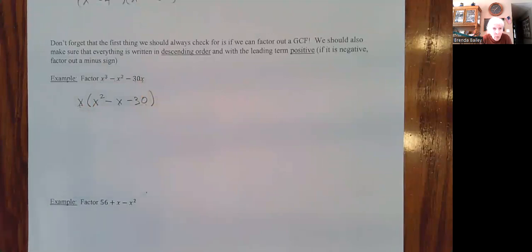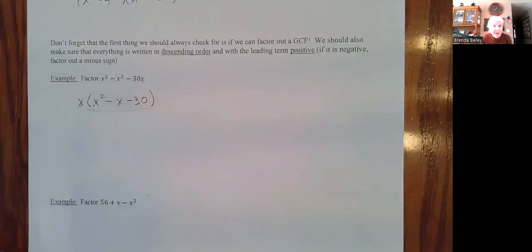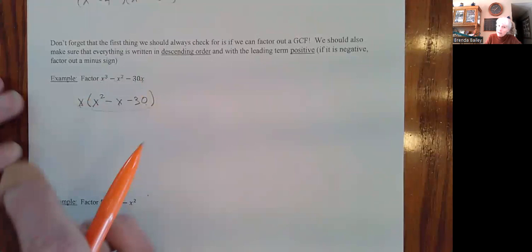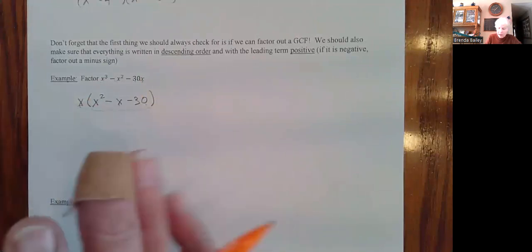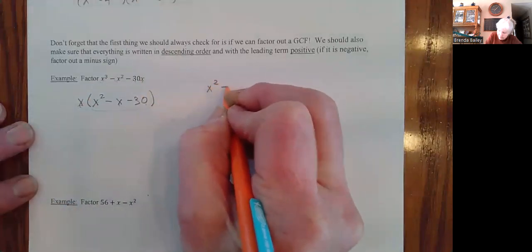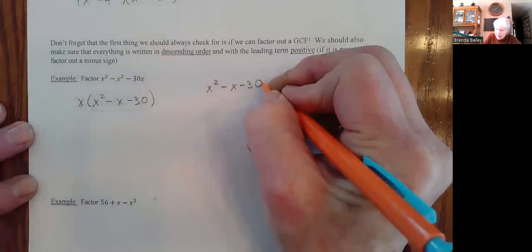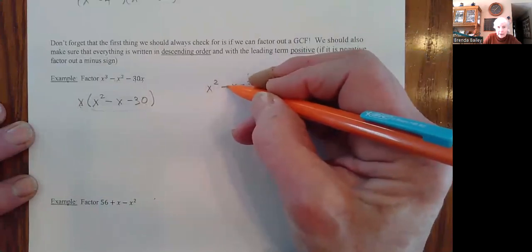Okay, so now we're going to use what's left inside. We're going to see if we can factor that. So here, we have a leading coefficient of 1. Normally I don't use the Xbox method if it has a leading coefficient of 1, but that's up to you. So we're going to be factoring this, and then putting it here. What multiplied together gives you -30, but added together gives you a -1?